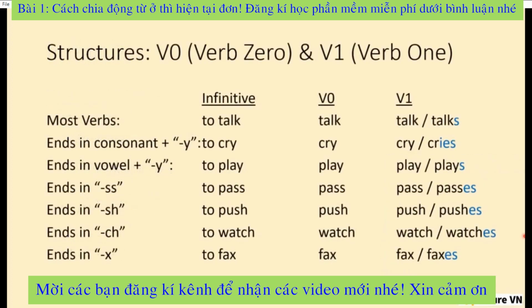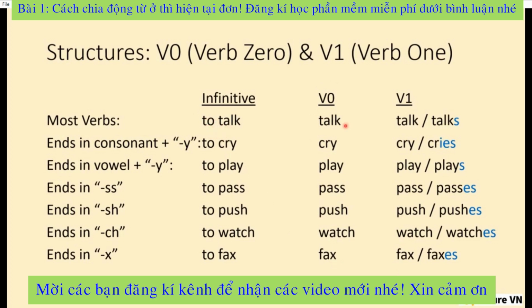The first thing we're going to look at is verb 0 and verb 1 forms of a verb. These are the two forms of a verb we will use in present simple tense. It is pretty easy to make the verb 0 form. As you can see, to make the verb 0 form, all we have to do is use the verb without the word to.